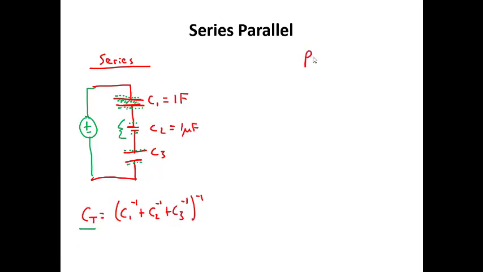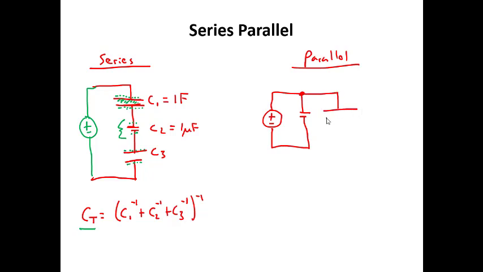What about parallel? If we think about capacitors in parallel, let's say that we have a supply here, and we have a little capacitor, and next to it a big capacitor, then we have a medium capacitor here. Putting the capacitors in parallel, you can visualize it as making the plates much larger.